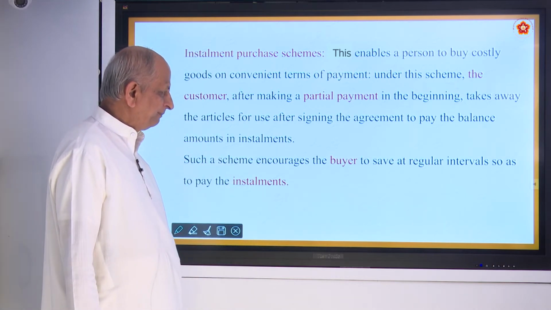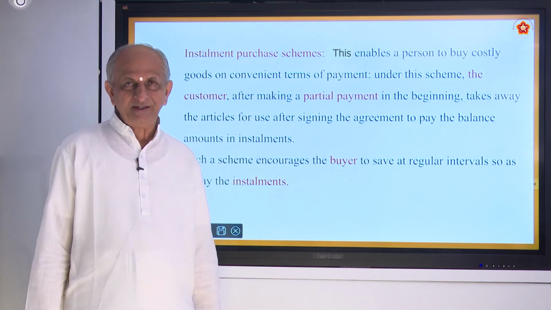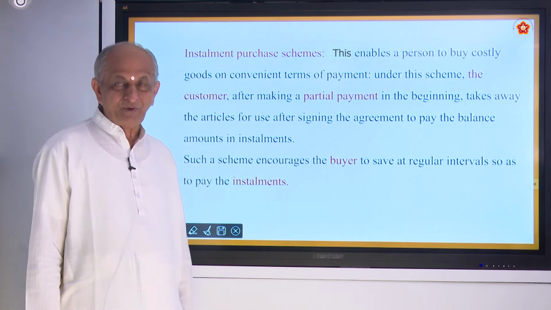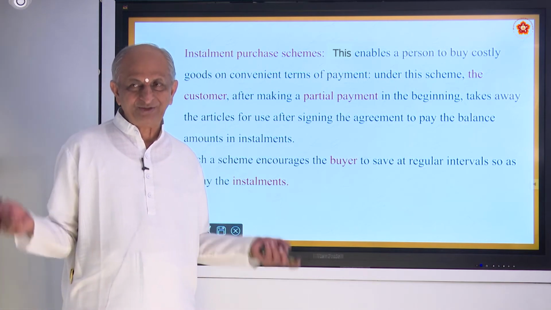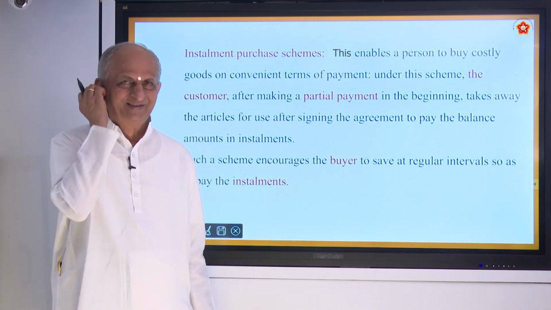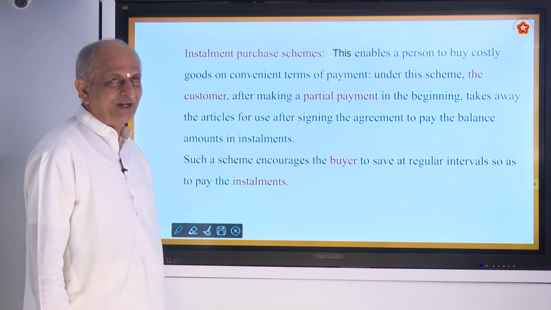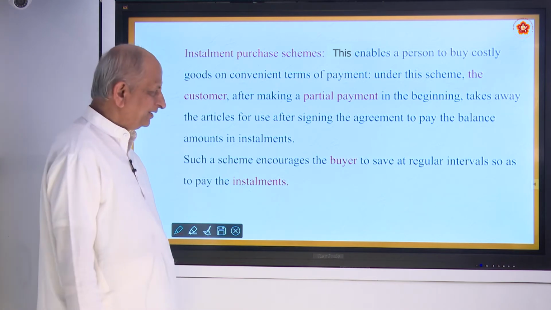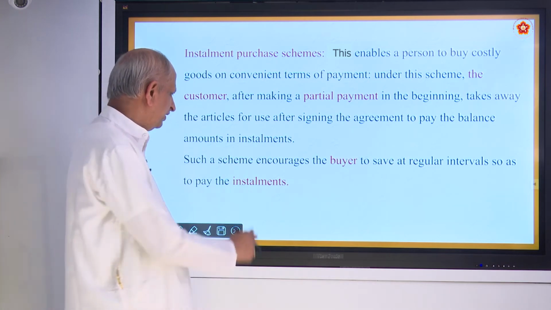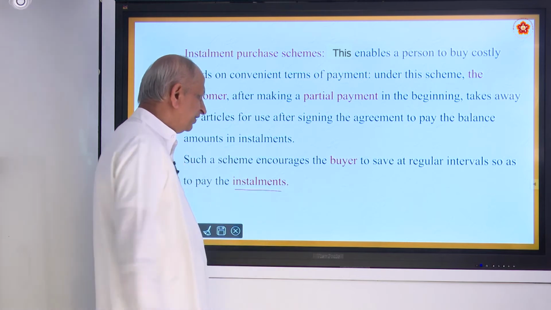Nowadays it is laptops, in high demand. Mobiles, in mobiles also very costly mobiles are there, is it not? So you cannot buy it at once, all the amount you cannot give. So then you use what is called installments.